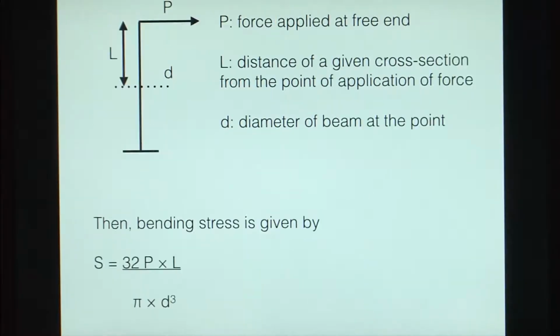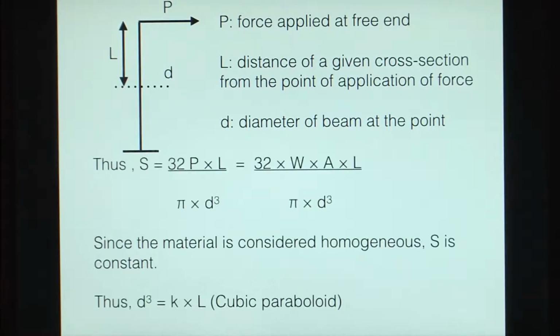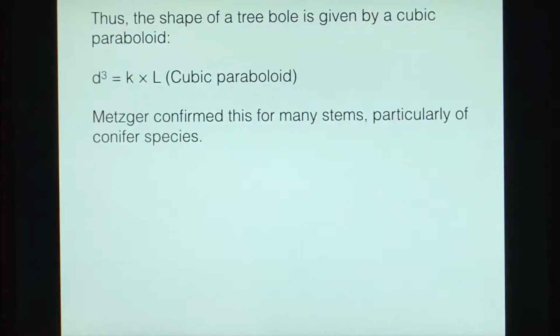Then we also looked at how we can derive the shape of a tree by using this mechanistic beam theory. So, we looked at the stress. Now, force is given by wind pressure multiplied by the area, and we use that to get the shape of a tree in the form of a cubic paraboloid.